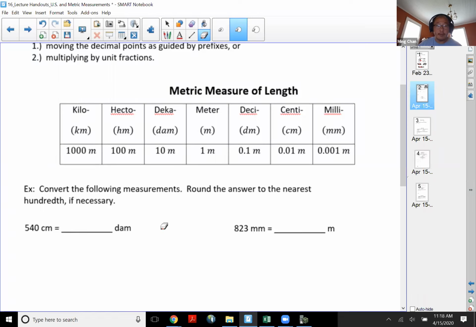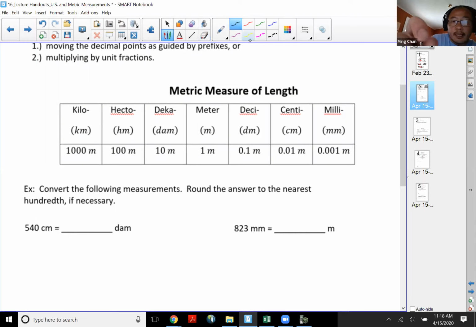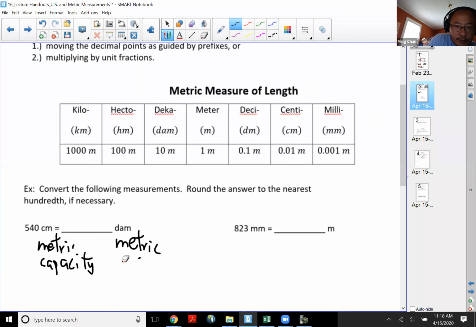So if I want to convert 540 centimeters, I'm starting at centimeters. This is metric. Let me write it down, okay? So we can see what's going on. This is metric, convert to metric. And both of these are capacity. Metric to metric, capacity into capacity.